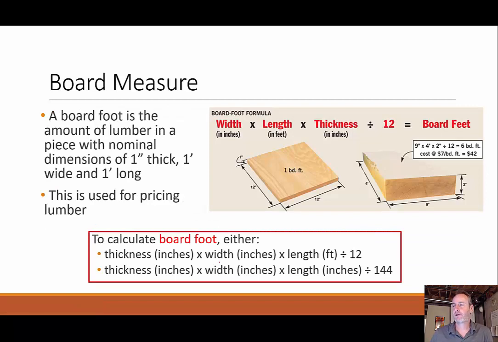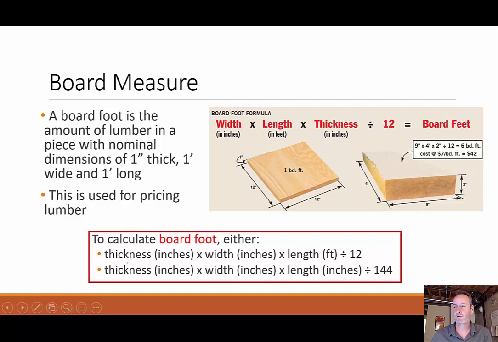When we're measuring the amount of lumber needed, our measurement unit is a board foot, and a board foot is the amount of lumber in a 1 inch thick by 1 inch wide by 1 inch deep piece of lumber, right? So this would be 1 board foot. If I have some other dimension, like say this is a 2 inch by 9 inch by 4 feet piece, and I want to figure out how many board feet it would be, there are two ways you can calculate this.